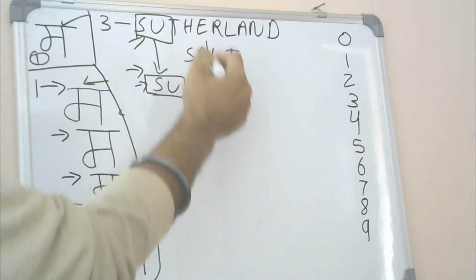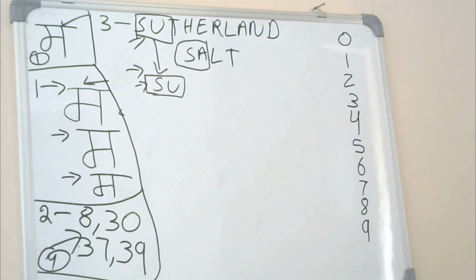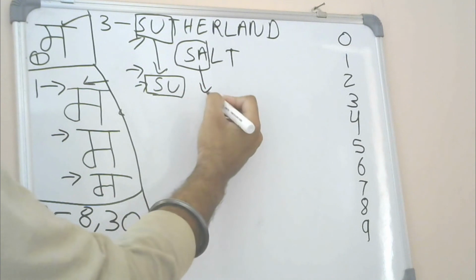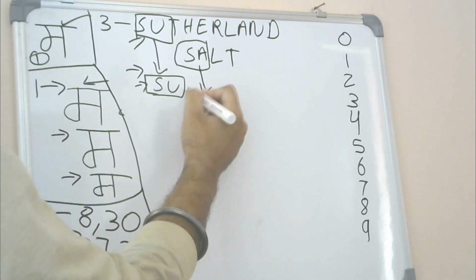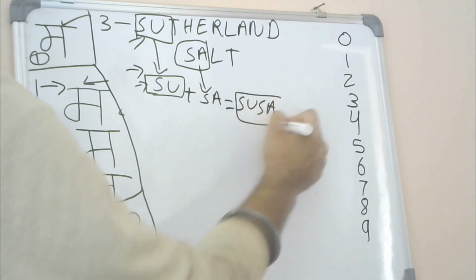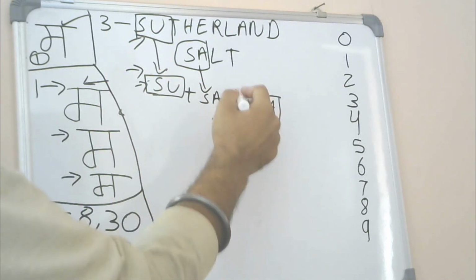And from salt, there are two pronunciations that I heard. First one is salt and second one is salt. So we are going to go with the first pronunciation, salt. That sa I am going to get here. So it will be sa sa, not susa.